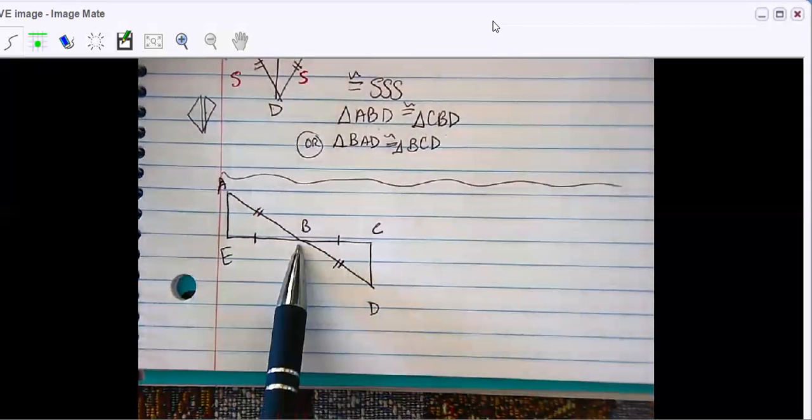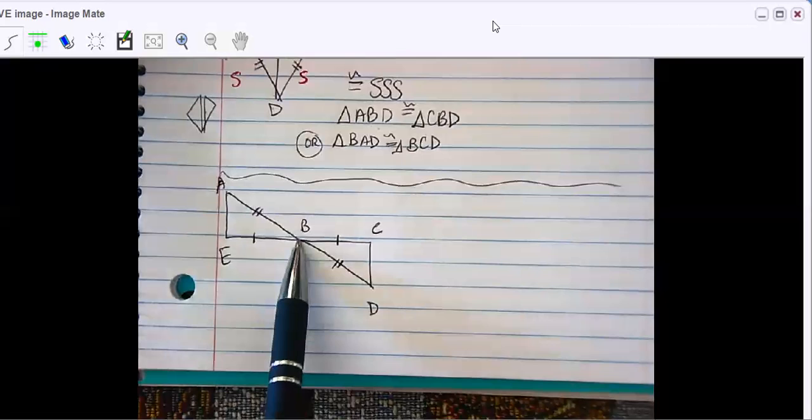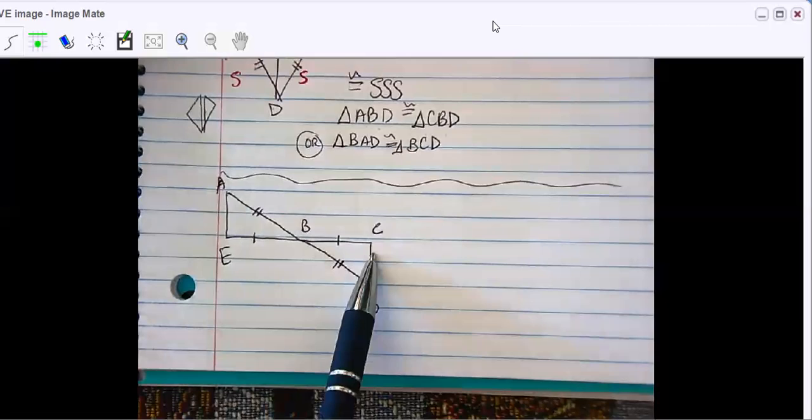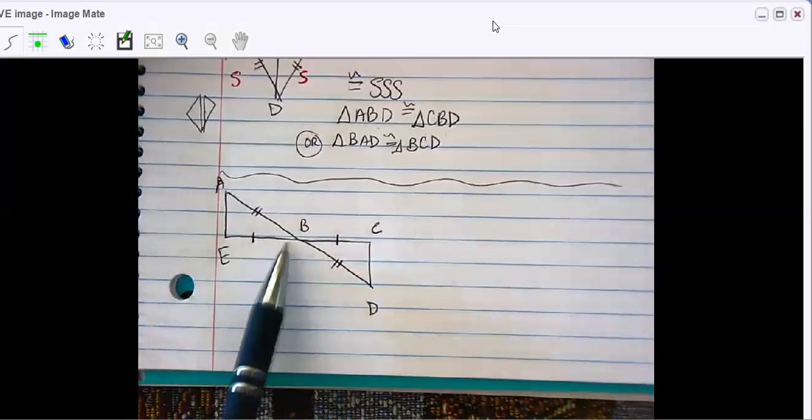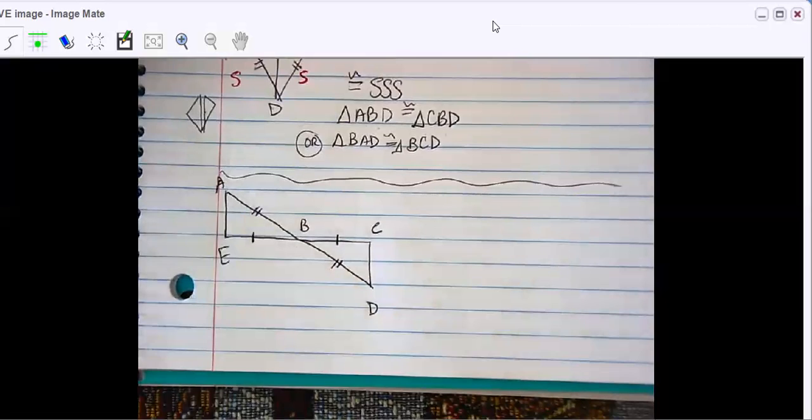We know it's in the middle because it has two equal parts, one on each side. So we would be able to call B the midpoint of EC. We could also say, because these are equal, that B is the midpoint of AD. So I was just pointing that out.